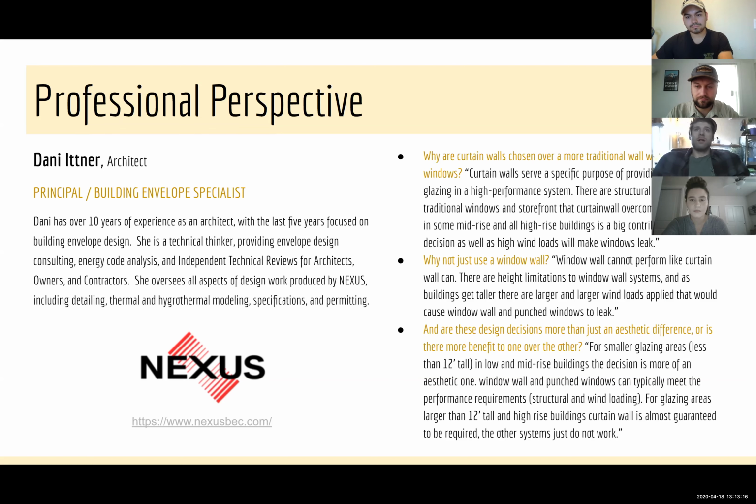Curtain walls serve a specific purpose of providing large areas of glazing in a high-performance system. There are structural limitations to traditional windows and storefronts that curtain walls overcome. Wind loading in some mid-rise and all high-rise buildings is a big contributor to the decision, as high wind loads will make windows leak.